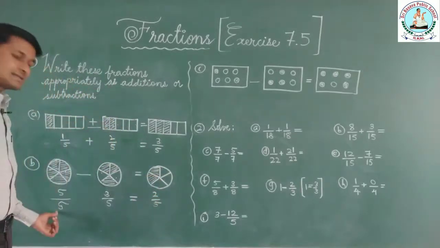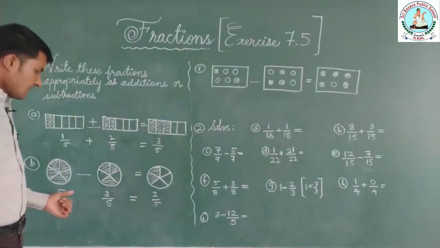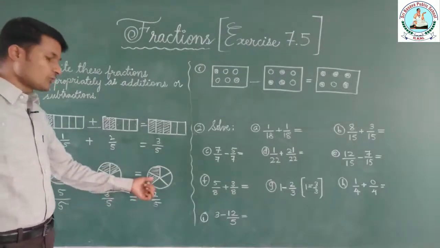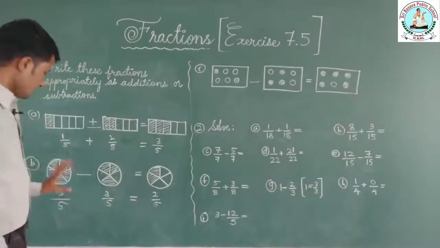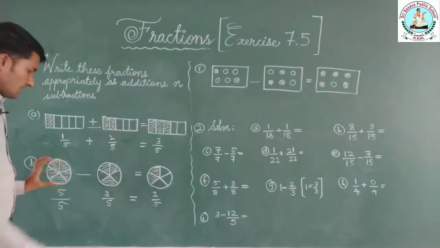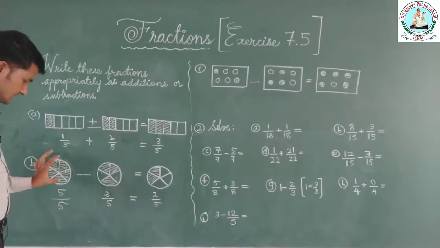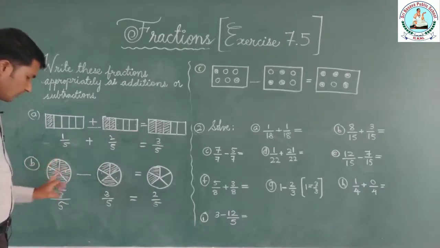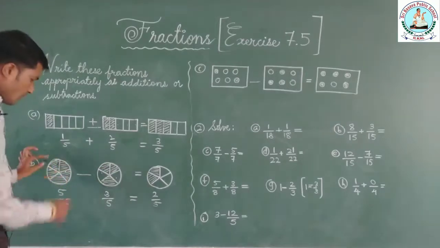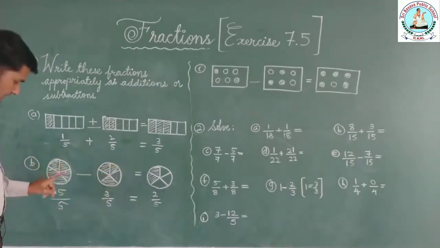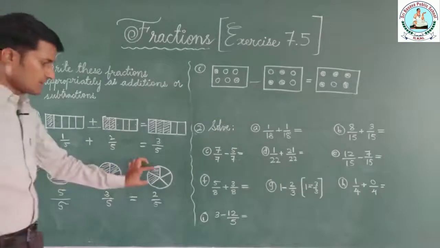Previously all 5 parts were shaded and 3 parts are shaded in the second picture, but in the result only 2 parts remained, which means we have taken 3 equal parts away from this whole. So when you take 3 equal parts away, only 2 parts will remain.